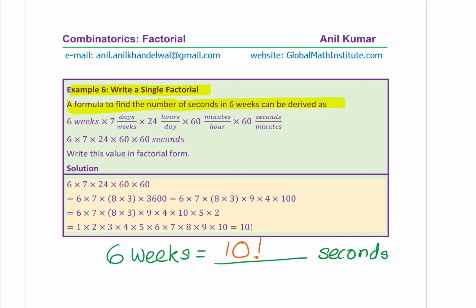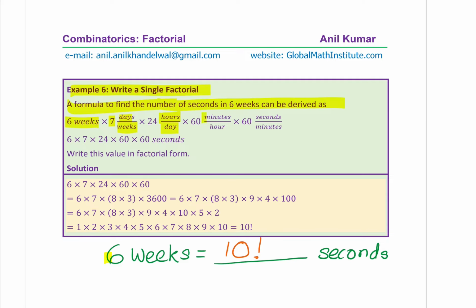This is key to writing a product of many numbers in factorial form. You can come up with many interesting cases. Here is one of those beautiful ones. Now, we want 6 weeks. 6 weeks can be converted to days. We know there are 7 days in a week, correct? So multiply by 7, and then a day has 24 hours, multiply by 24.